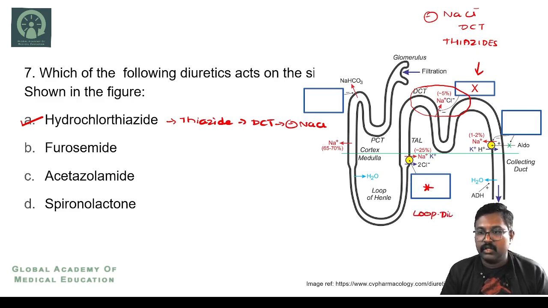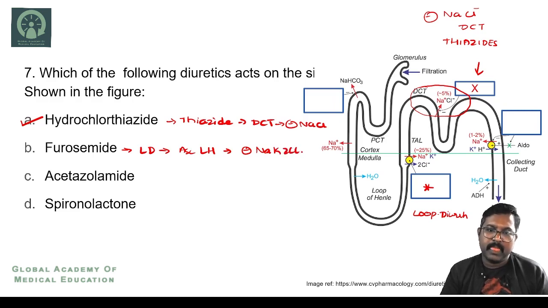Please remember loop diuretics, for example furosemide. It acts on the ascending loop of Henle and inhibits the sodium potassium 2-chloride symport.